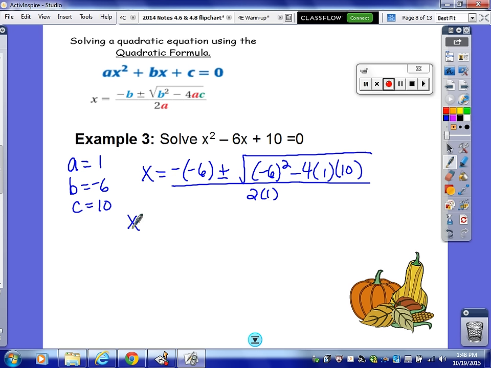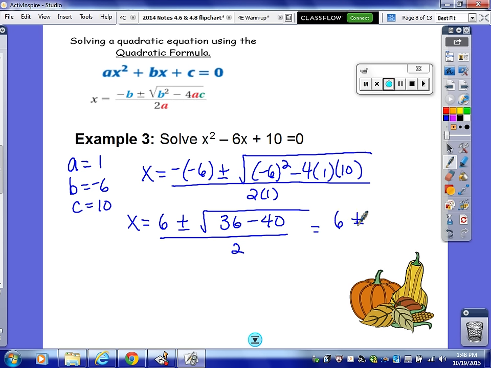Cleanup time. So we get 6 plus or minus the square root of 36 minus 40, all over 2. So we have 6 plus or minus the square root of negative 4, over 2.